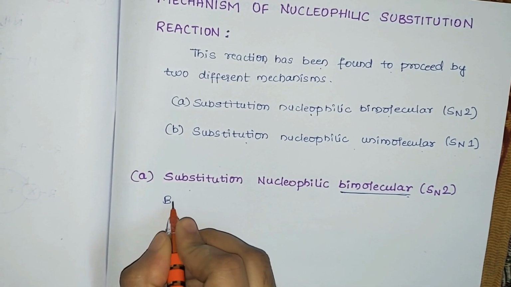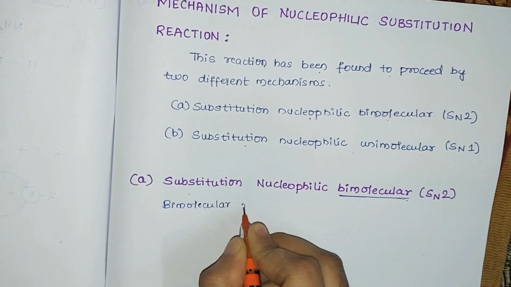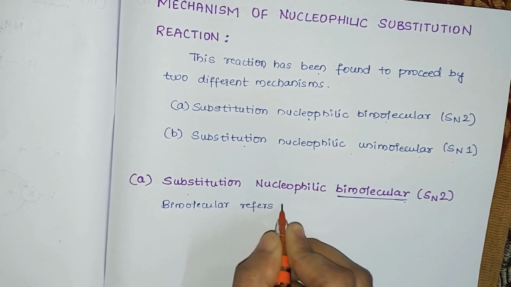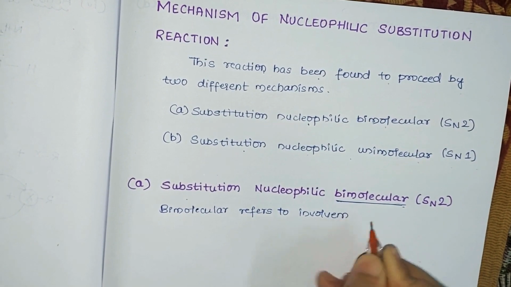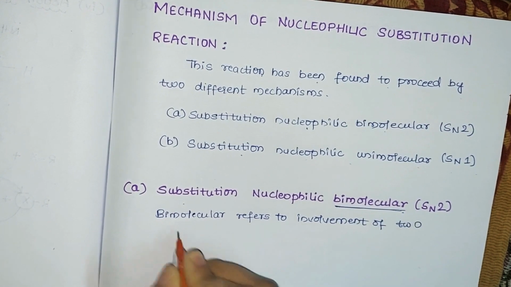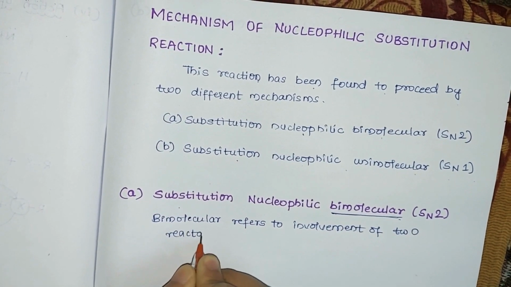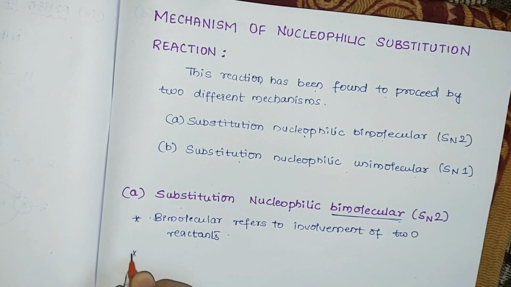So what does the term bimolecular indicate here, or what does it mean? Bi refers to two. So here molecular means there are two molecules involved in the reaction. So we say that bimolecular refers to the involvement of two reactants. Next, what are we studying here?